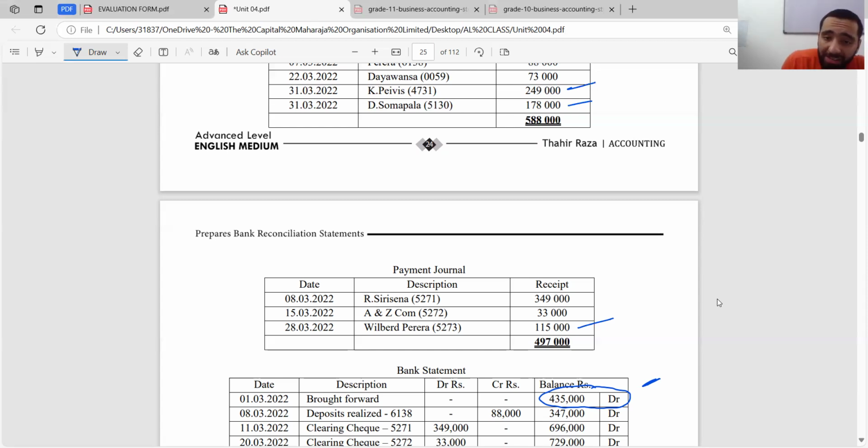Which transactions are unpresented and which transactions are unrealized. This is very logical. Can anyone tell me, this 115,000, is it unpresented or unrealized? UP or UR?